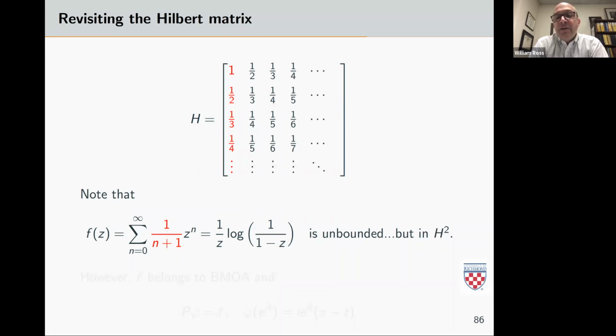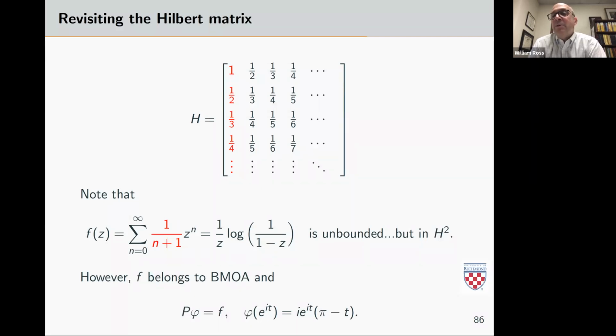First of all, that is not a rational function. So the Hankel matrix is not a compact operator, but it is an unbounded function. It's an H2 square summable power series. And if you were paying attention to Daniel Garella's talk, this is the first example that you think of as an unbounded BMOA function, an analytic function of bounded mean oscillation.